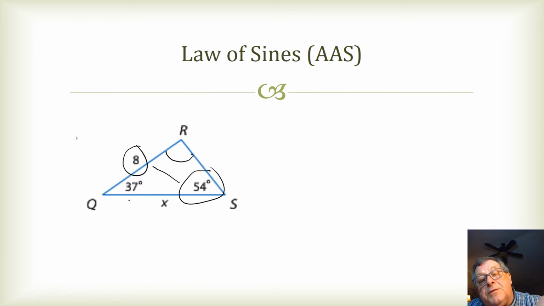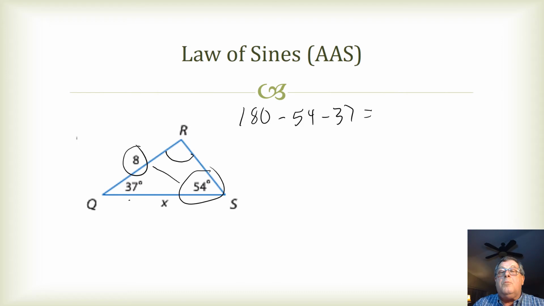So let's find the measure of angle R first so we can get on with finding X, the side opposite R. So I got 180 degrees in a triangle. We know that one angle is 54. We know that the second angle is 37. We're trying to find the measure of R. So 180 minus 54 minus 37.